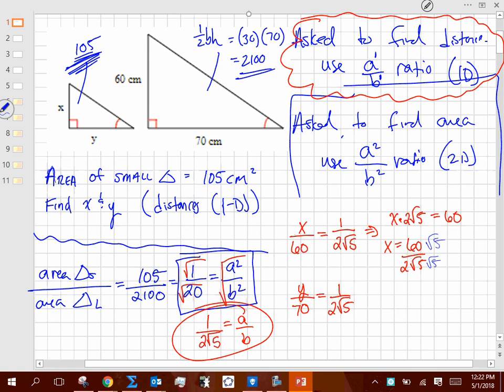Multiply by radical 5 over radical 5. Gives me 60 radical 5 over, what's 2 radical 5 times radical 5? Becomes 10, right? Radical 5 times radical 5 is 5. 5 times 2 is 10. What's 60 divided by 10? 6. So 6 radical 5 is that distance of x.